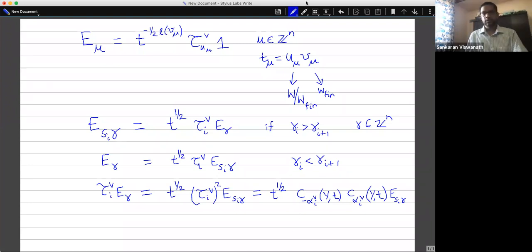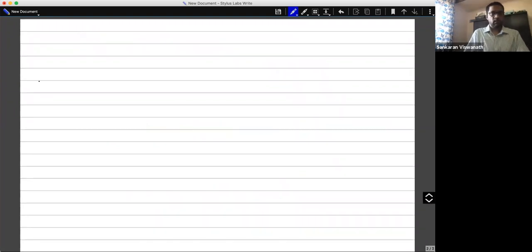And if you recall what this factor was, it was the following, where the C function, it will sort of come up a few times today. So C of plus minus alpha i check is just, you can think of it as follows: a t to the minus half outside, then it's 1 minus t something, which is y to the plus minus alpha i check, divided by the same thing without the t.